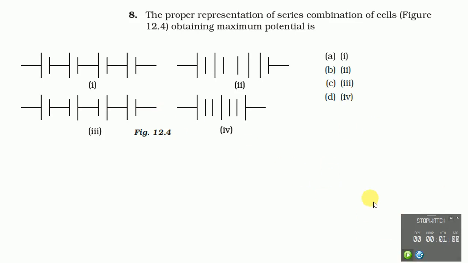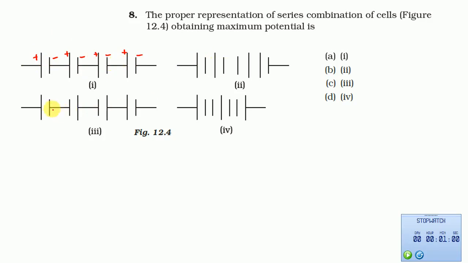Okay, so let's see here. This is positive, this is negative, this is positive, this is negative, this is positive, this is negative. Do we connect our battery cells like this only in series, right? So this is a different kind of arrangement. This is plus minus minus plus. This is not the way we arrange a series combination, and this is so wrong.